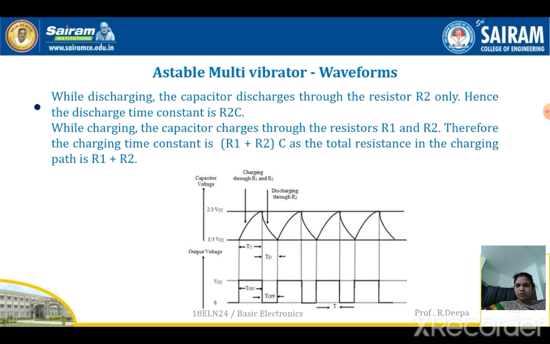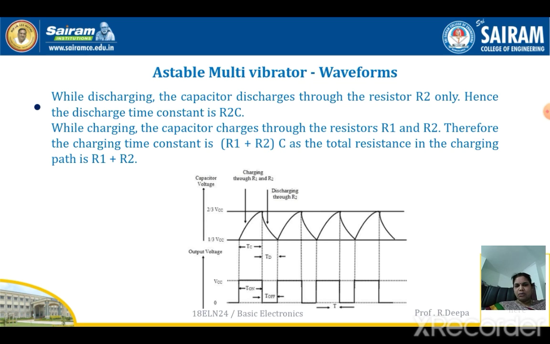So when the capacitor starts charging from 1 by 3 VCC to 2 by 3 times VCC, you can observe the comparator output saturates to VCC, and during the discharge period the comparator output is saturated to minus VCC or 0.